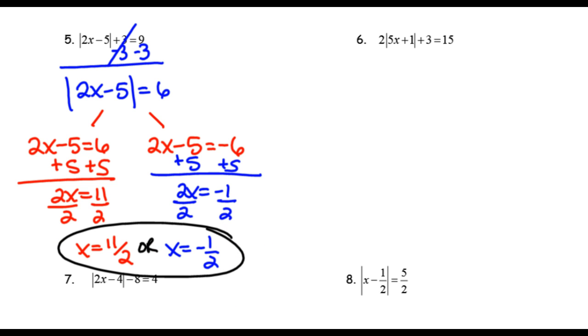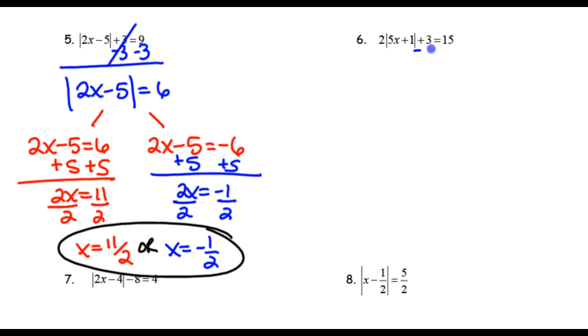All right, let's go ahead and look at number 6. If you feel like challenging yourself, hit pause, try the problem on your own, then hit play and see if you did it correctly. So here in this example, I've got a couple things on the outside of my absolute value bars. I have a plus 3, and I'm multiplying by 2. Remember, you always get rid of addition and subtraction first.